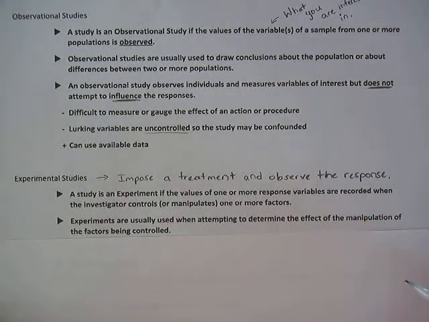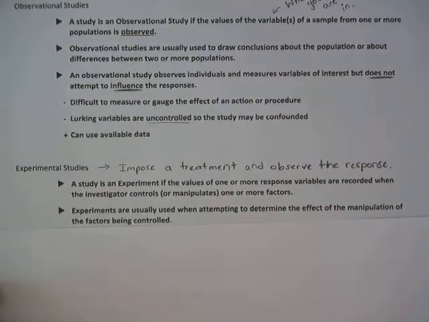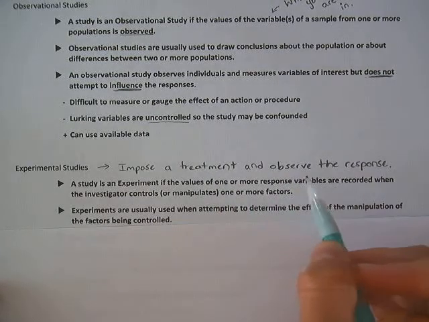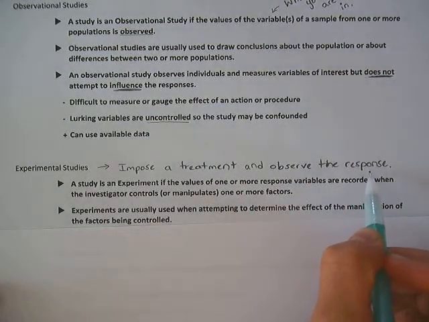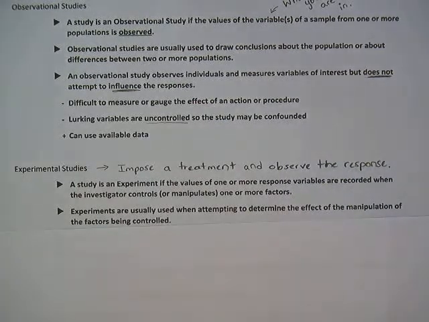So, for instance, if I was a doctor and I came up with this new pill that's supposed to get rid of headaches, then I would conduct an experiment and I would give one group the treatment, and then I would look: does it get rid of their headache? That would be the response variable. And if it does get rid of their headache, fantastic.